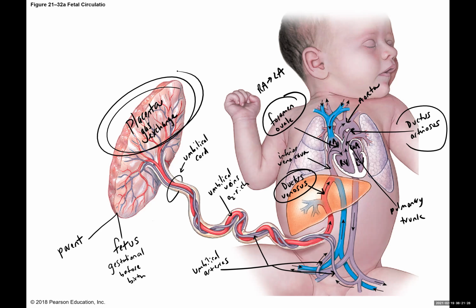We'll see both the umbilical arteries and umbilical veins degenerating after birth and becoming important ligaments. The umbilical vein becomes the round ligament of the liver, and the umbilical arteries become bladder ligaments in the adult.